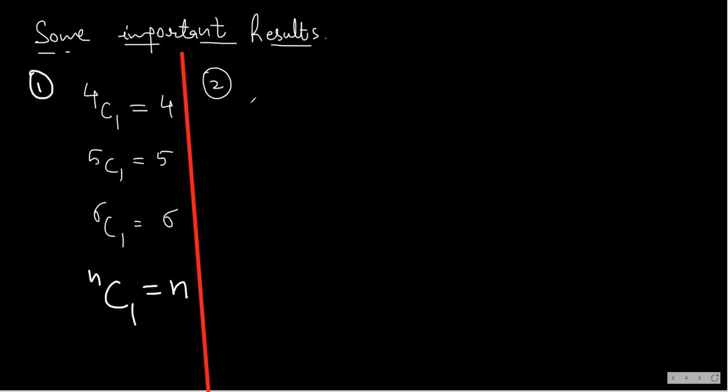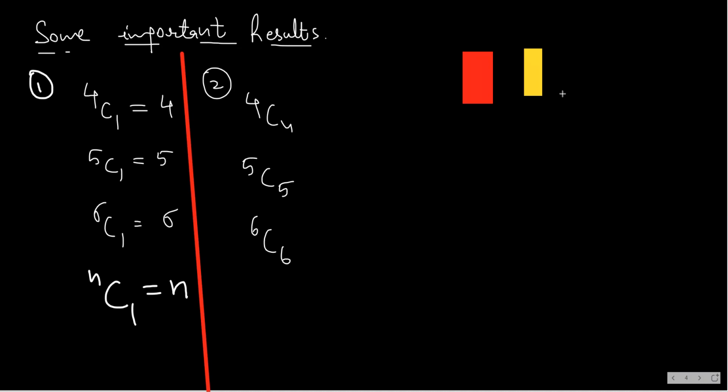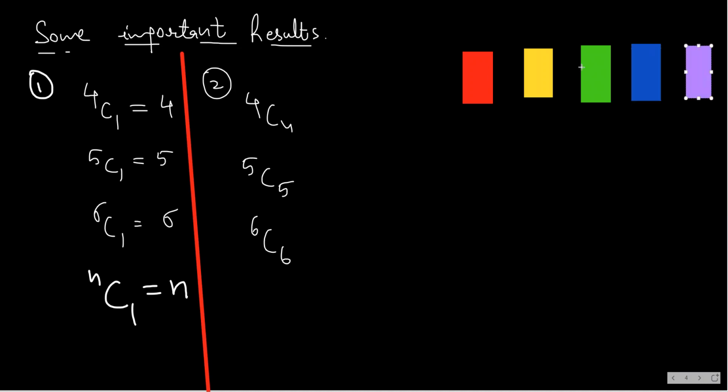Now suppose I have 4C4, 5C5, 6C6. That is, I'm selecting all of them. Whatever number of objects are given, I'm taking all of them. Once again, the same example I will take. Suppose I'm given 5 objects: red, yellow, green, blue, and violet.